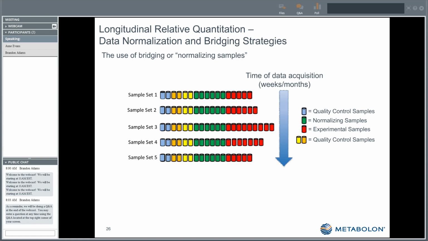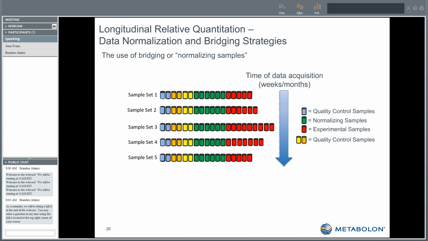That way, you always compare the experimental samples back to that normalizing or bridging matrix to do a similar correction. This takes away some of the weight of having to have such a perfectly balanced study. But again, the key limitation here is you have to have enough of this normalizing sample to support running it over the breadth of the entire study.